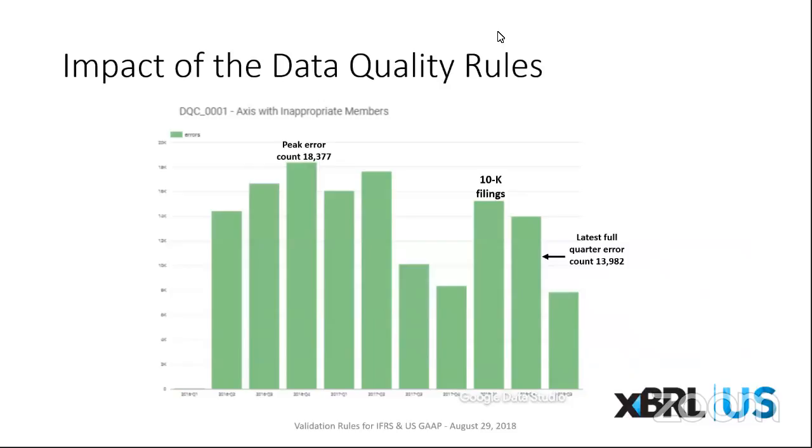Lou, thanks. Before we move on, we just got a question about Data Quality Committee Rule Set number 8. Is DQC 8 expected to be available for the December 31st, 2018 filing season? The answer to that is yes. We would definitely plan on that, because that way IFRS filers, most of whom file annually and most of whom have December 31st calendar fiscal year ends, can use those rules.